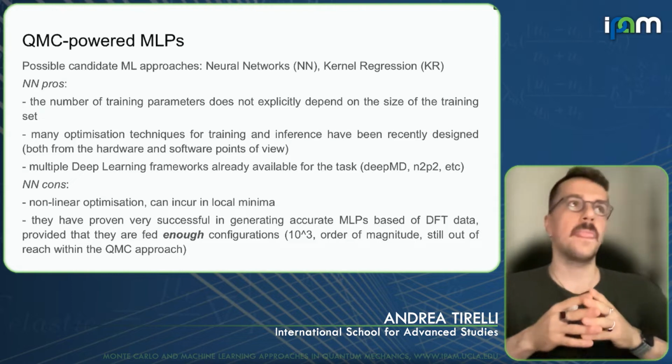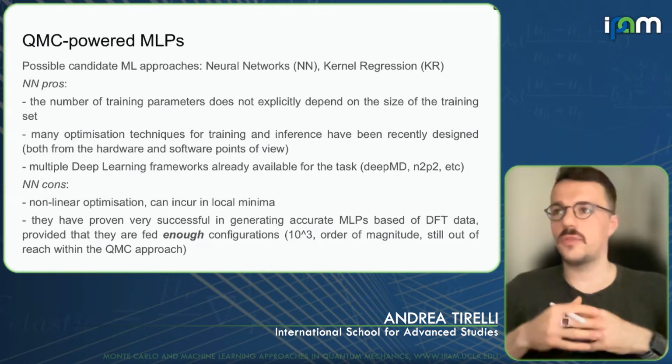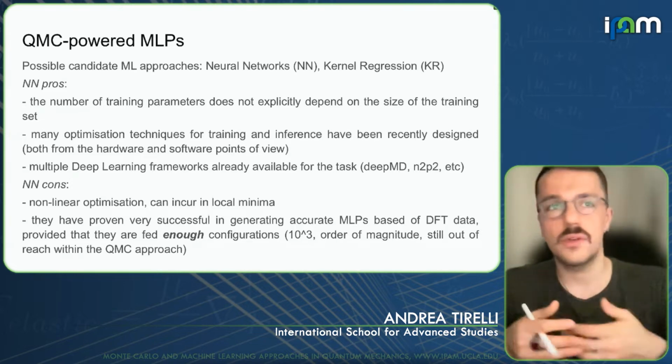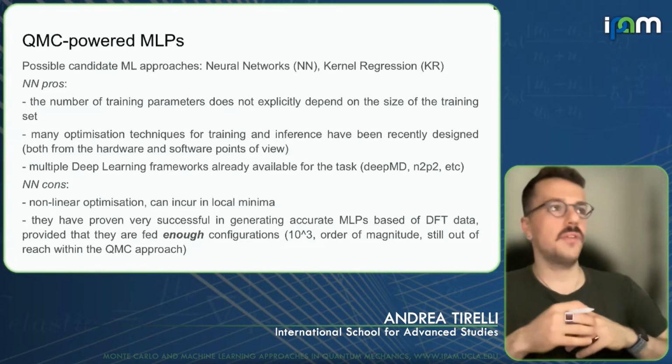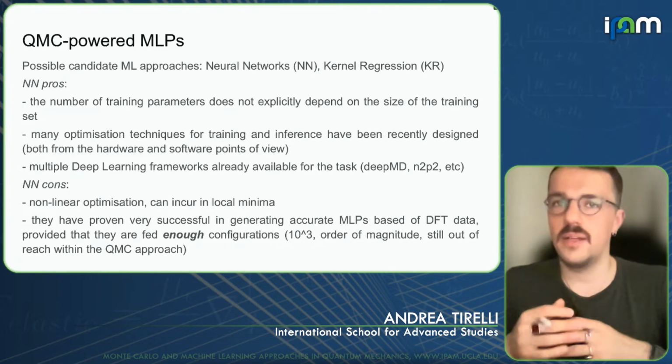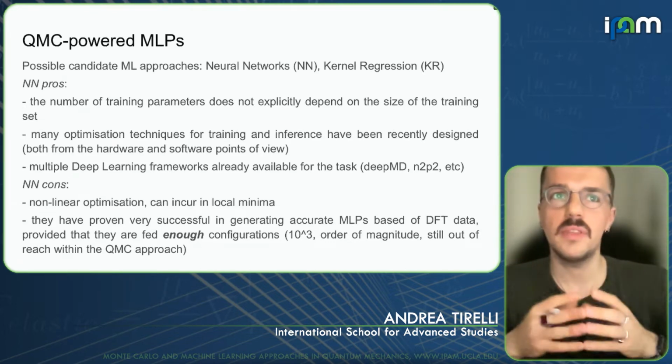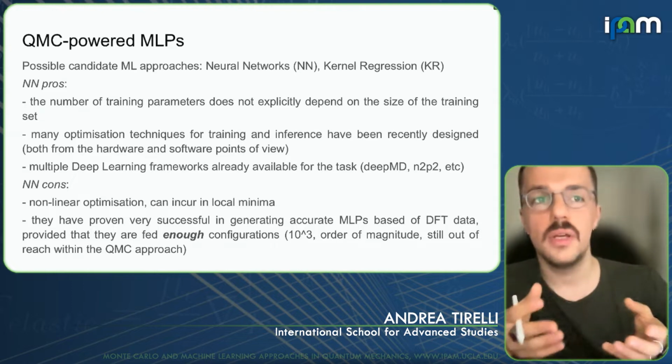So we can have, I don't know, a training data set composed of 100,000 configurations and a neural network with only, I don't know, 10 weights. Of course, this is not going to perform very well, but this is something that in principle is feasible.